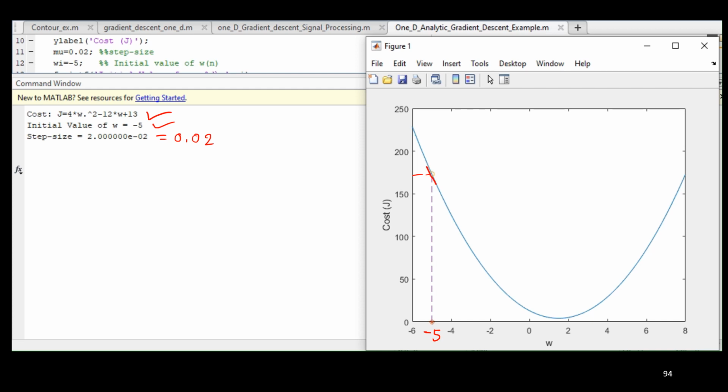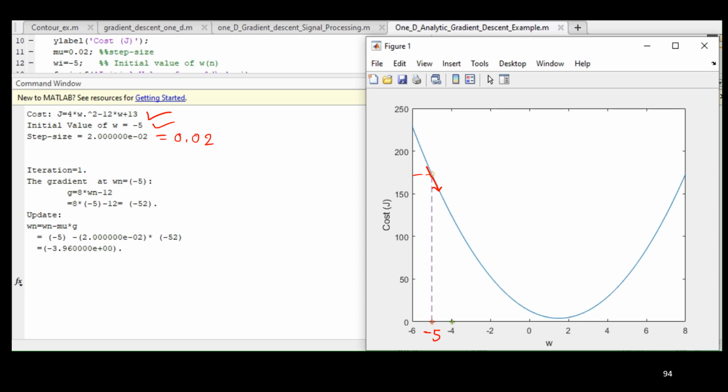At that point we want to find out the gradient first. What would the gradient be? Then we'll update. Now you see, at wn equals minus 5, the gradient value is 8 into wn minus 12.